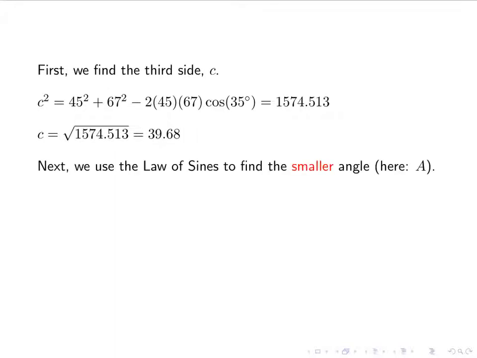Now that we have side c, we're going to use the law of sines to find the smaller angle. In this case, the smaller angle is A. Remember that the smaller angle is opposite the smaller side.